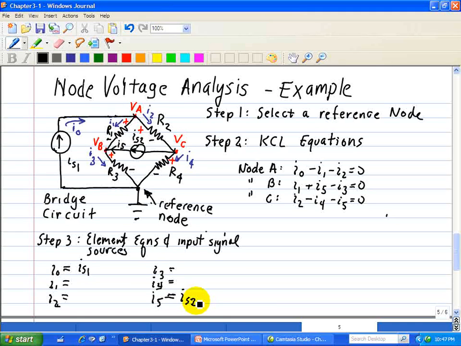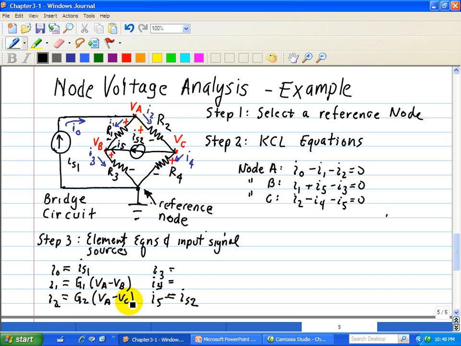Okay, now for our element equations, we use Ohm's law since we're dealing with resistors. So I1 is G1 times the node voltage difference, VA minus VB. For I2, we have G2 times VA minus VC.